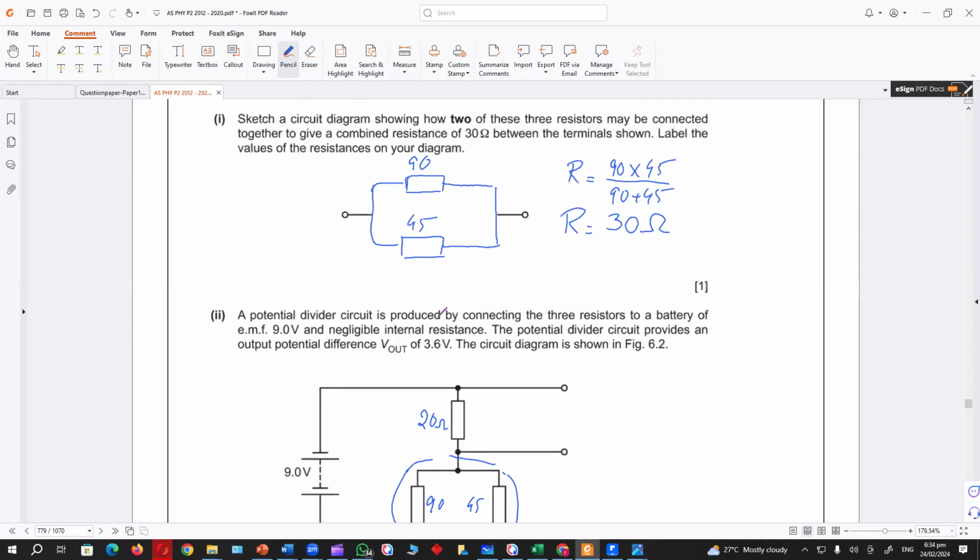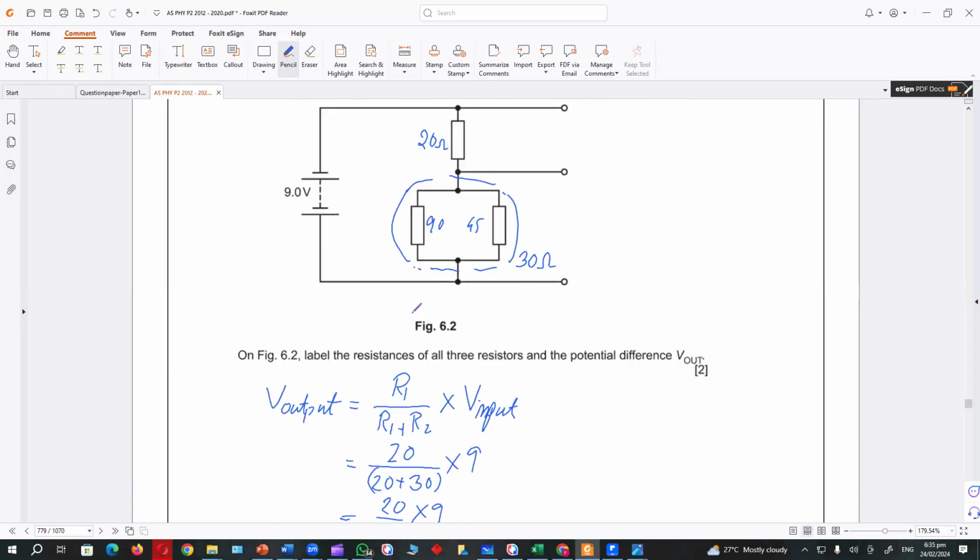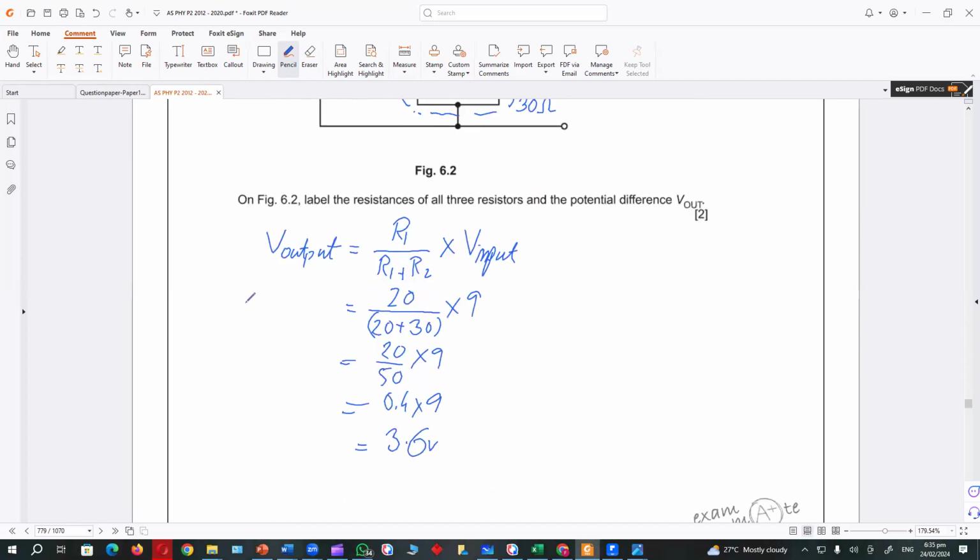My two resistors are giving me a combination of 30 ohm. So now I place them here. This is the formula of a potential divider: V output is equal to R1 upon R1 plus R2 into V input. So I can put the values here and I'm getting 3.6 volt.